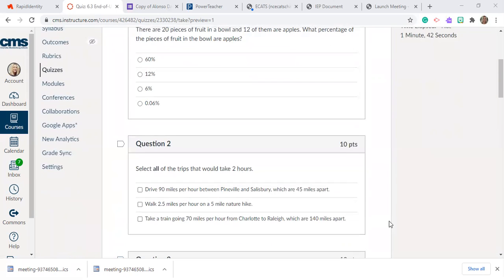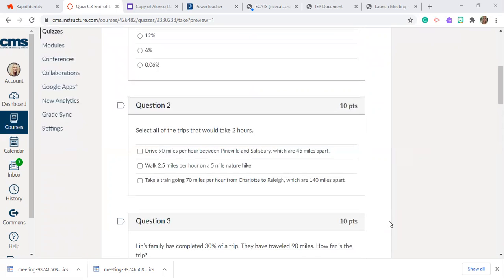Question number 2. Select all of the trips that would take 2 hours. So you may have multiple answer choices for this one. Drive 90 miles per hour between Pineville and Salisbury, which are 45 miles apart.